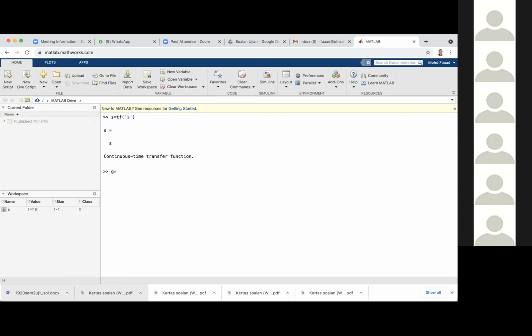So we start to insert s squared minus 4s plus 8, divided by s plus 4 multiplied by s plus 10.